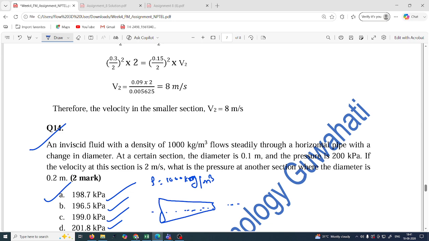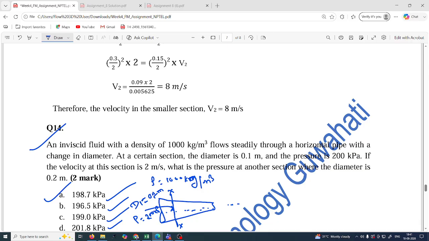Okay, so let us suppose this is your certain section, and here the diameter of the pipe d1 is 0.1 meter and pressure is given, 200 kilopascal.